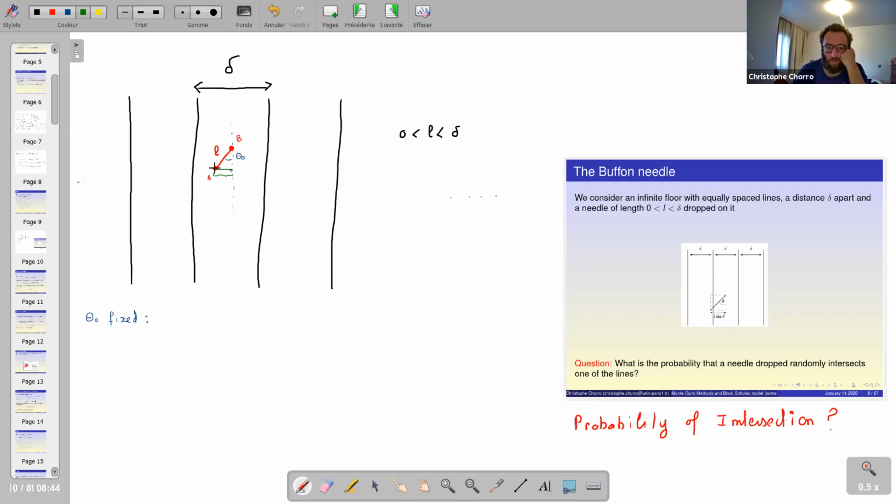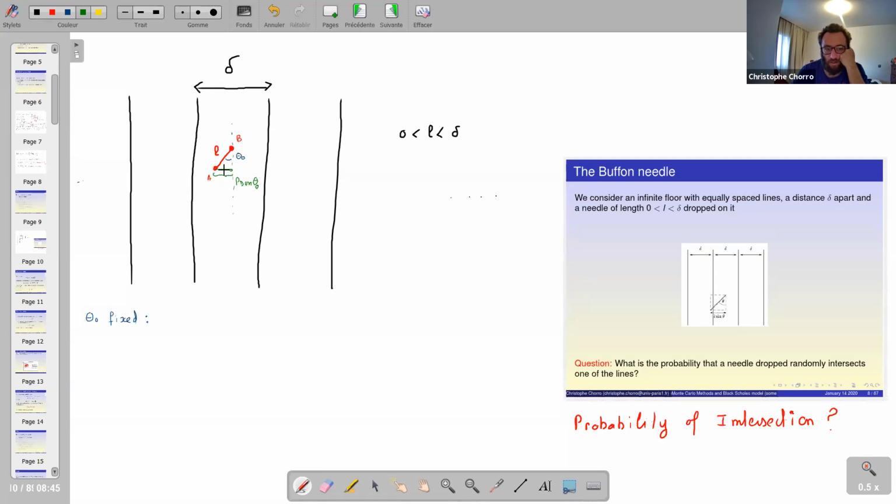According to the property, I have a right triangle here, and by Pythagoras or by the classical relationship in a triangle, this length here is just equal to L sine theta 0. So this length is L sine theta 0, and this length is fixed.